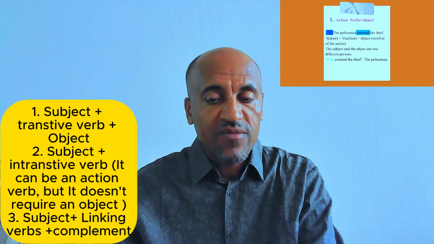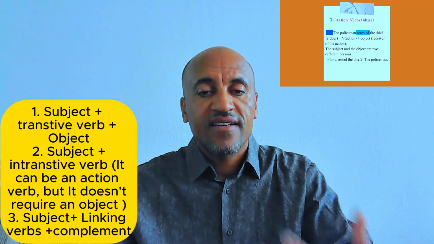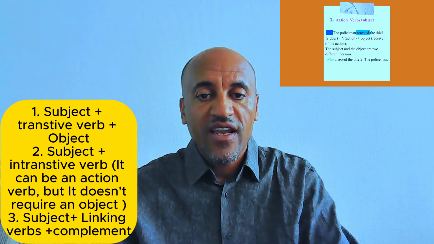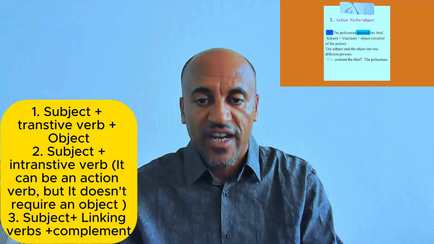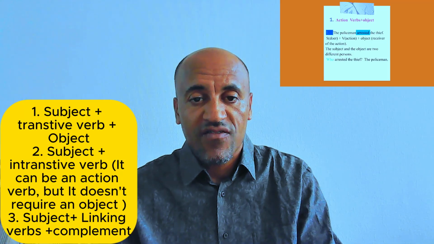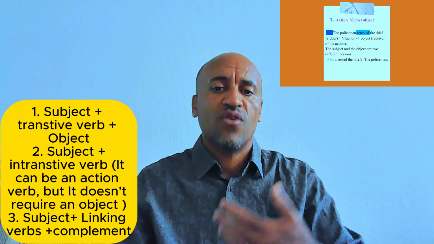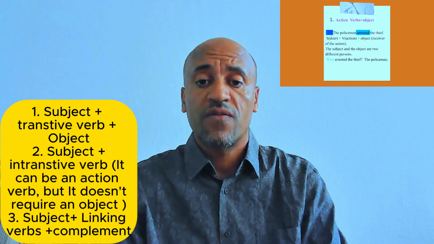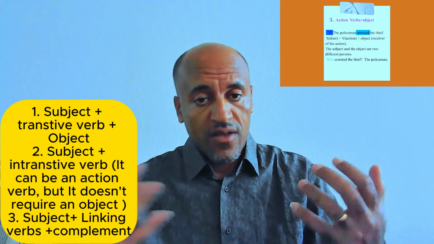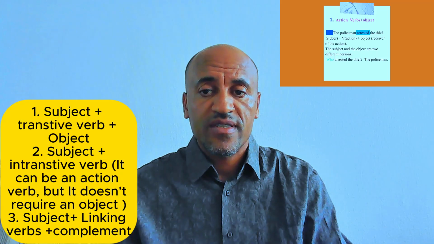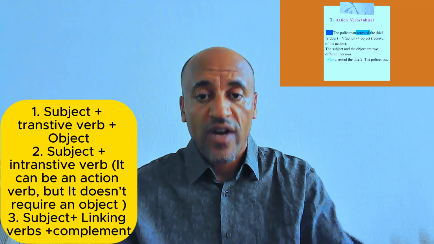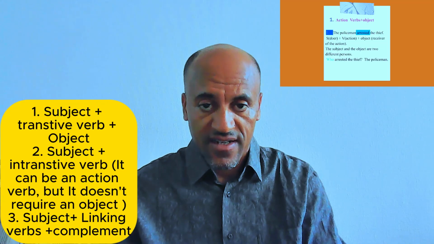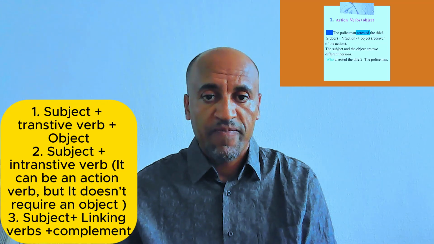The complement means it completes the meaning of the subject. It tells you about the subject when we use a complement after a linking verb or verb to be. On the other hand, when we use an object, the object completes or receives the action of the verb.